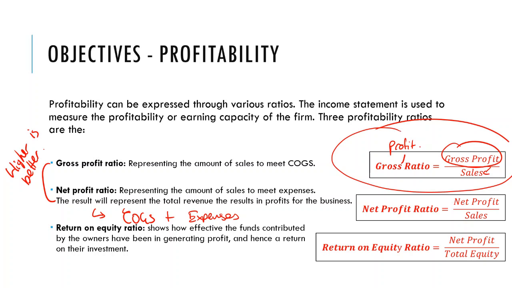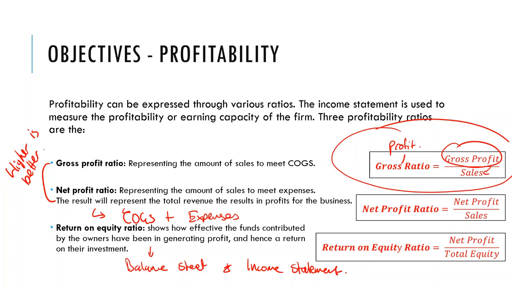Then we have our return on equity ratio. Now this one is really looking at our profits, but looking at your equity, the money you actually put into the business, and the return on investment, essentially. So this does require you to look at the balance sheet and income statement.